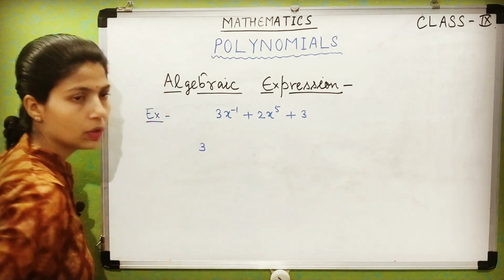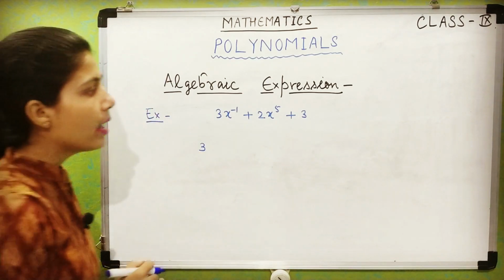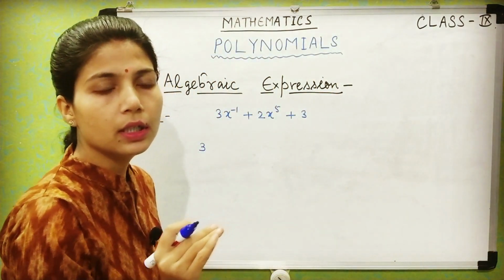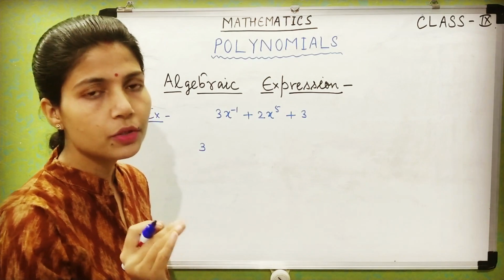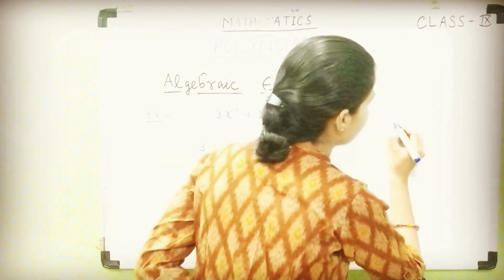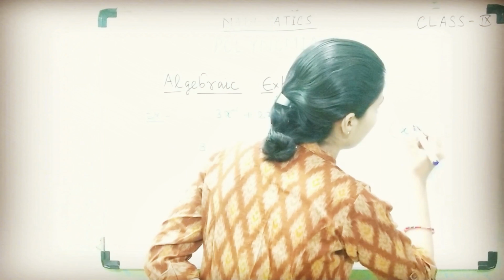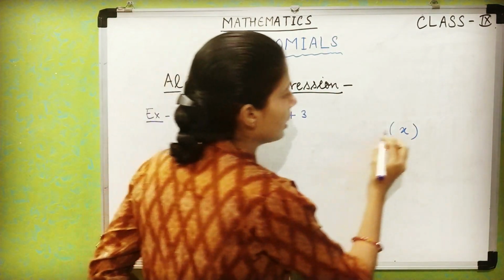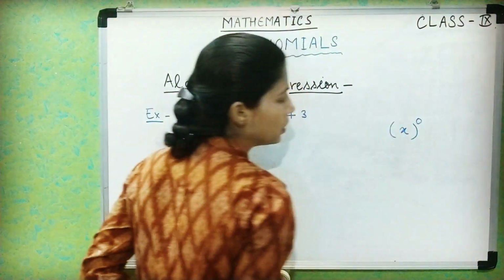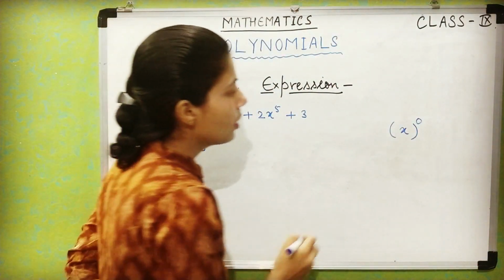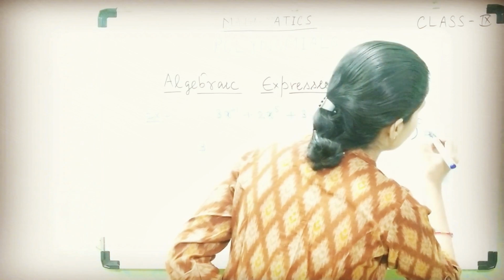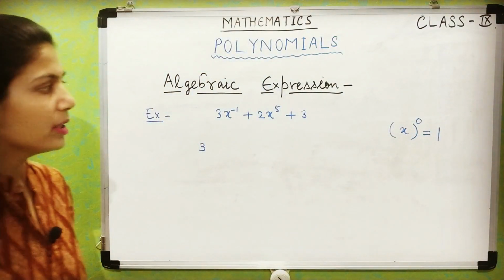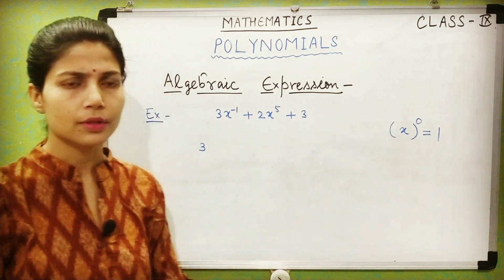You know well the power of any number, if 0, you will always get 1. Here x can be any value. If it holds a power of 0, it always gives this 1. Okay, in 8th standard we have discussed all these notes.